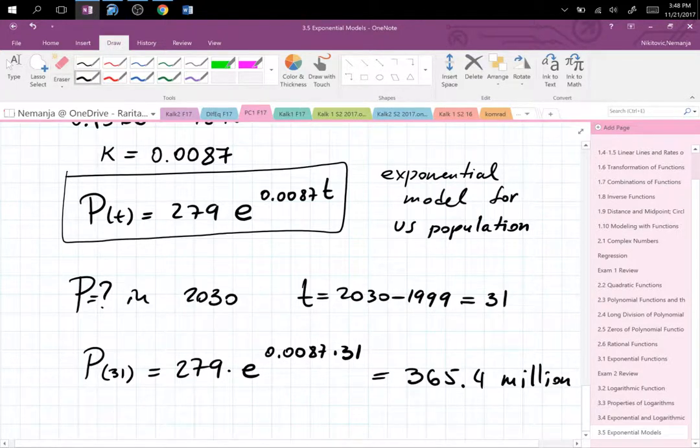So 31, since we are counting that the beginning of time is 1999, then 2030 is going to be 31 years away from that time. So you have to plug in 31 to get the number of people in 2030, and so on. So you have to do that scaling as well. And those are the population things.